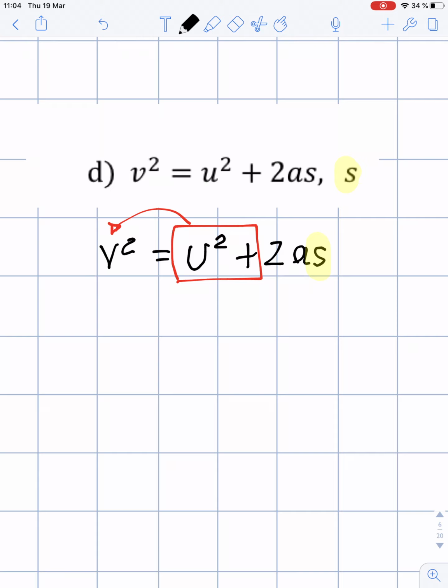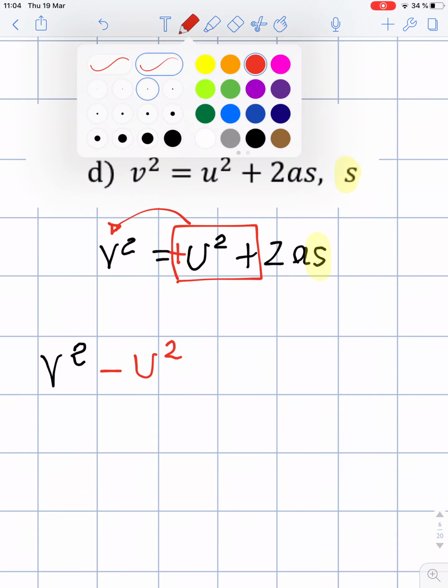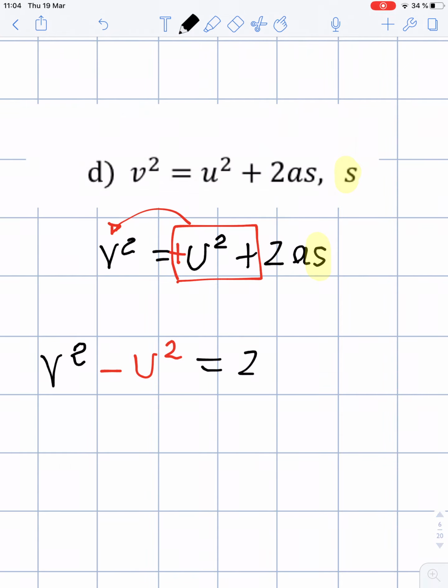That means the expression now is v squared. I'm going to put in red color what is changing, minus, because it was plus, now it's minus, u squared, equal 2 times a times s. This and this is the same, okay?